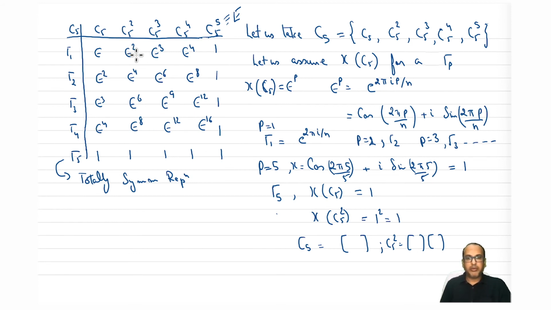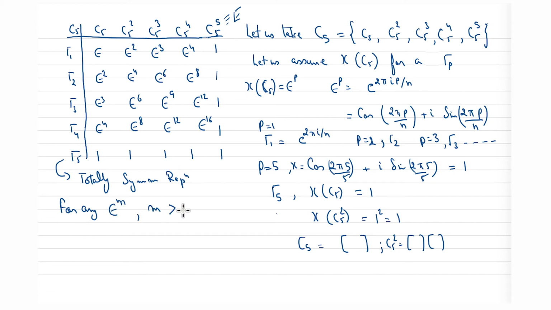Now there is a very important property. For any epsilon to the power m, where m is greater than p, or where m is greater than 5 in this case, let's say, we can always write m is equal to 5 plus some number q, right?